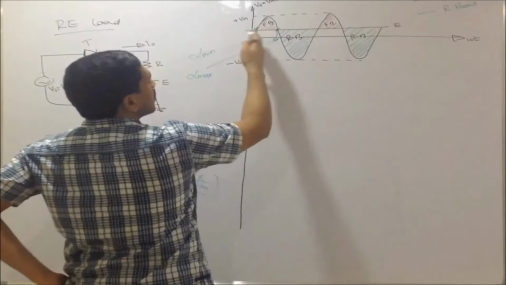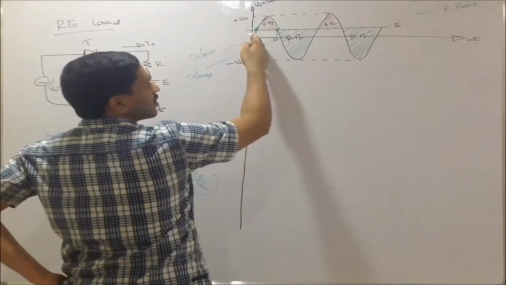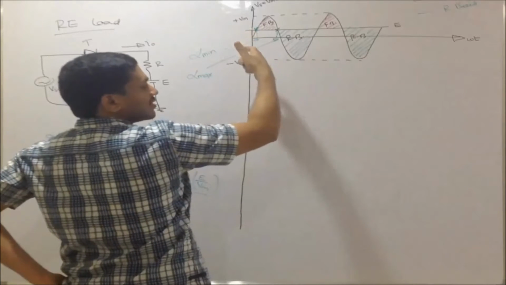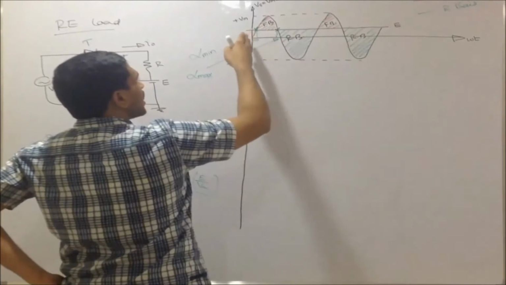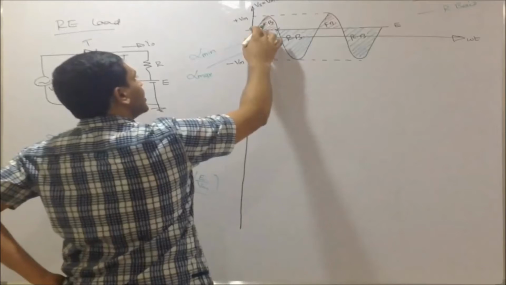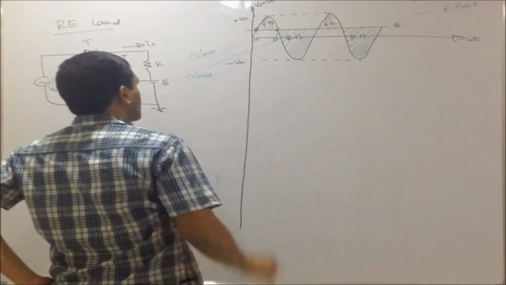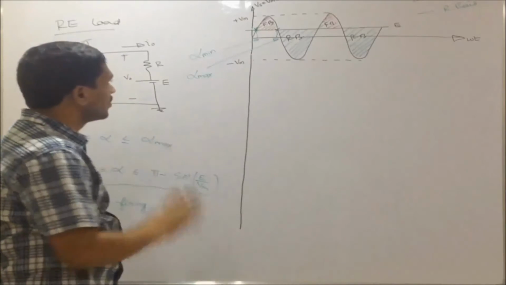Below this alpha minimum, it doesn't start. From alpha minimum only, I can have the conduction. That is one important observation.